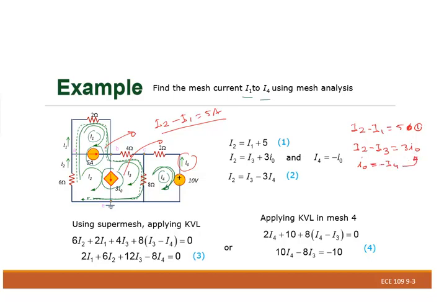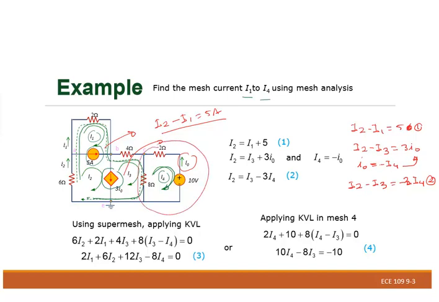If we apply this, we are going to have I2 minus I3 equal to negative 3I4. That is another equation right there. We have it. The other two equations we are going to write from the meshes. One mesh we can write from here.